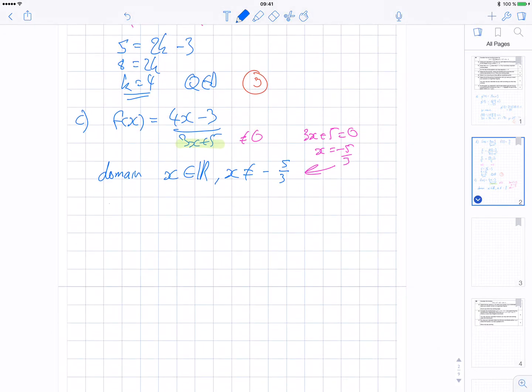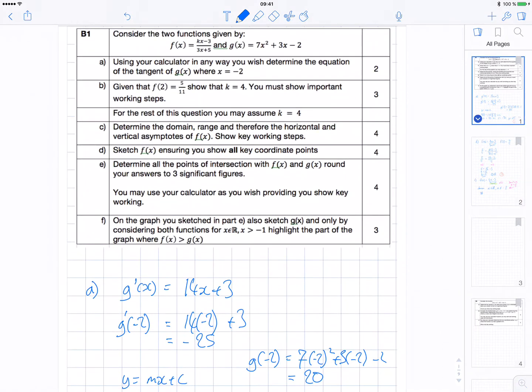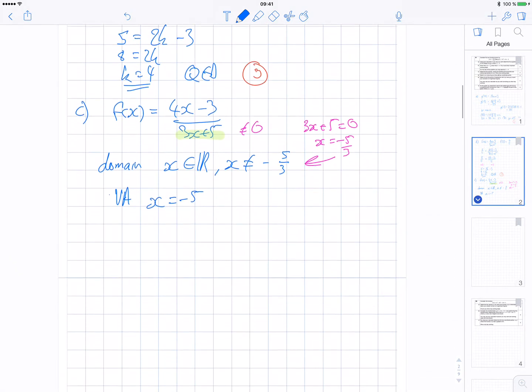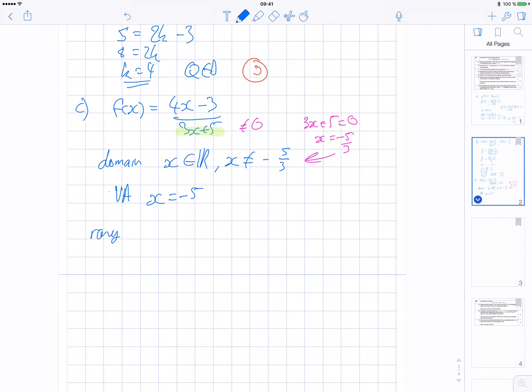Therefore, now that gives you the vertical asymptote, x is equal to minus 5 over 3. I'm pretty sure I asked for the vertical asymptote. Determine the domain range. Yeah, okay. Now, the range is y can take all values but y cannot equal 4 over 3.